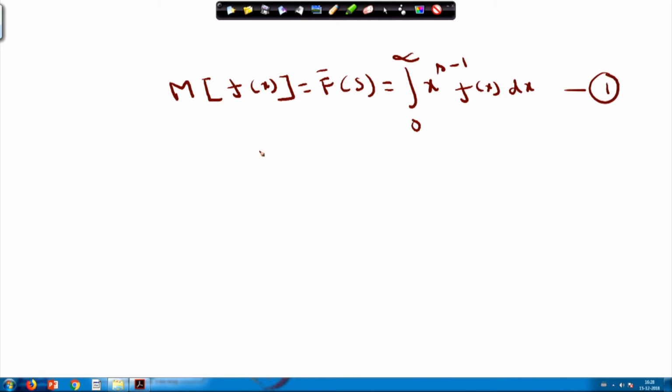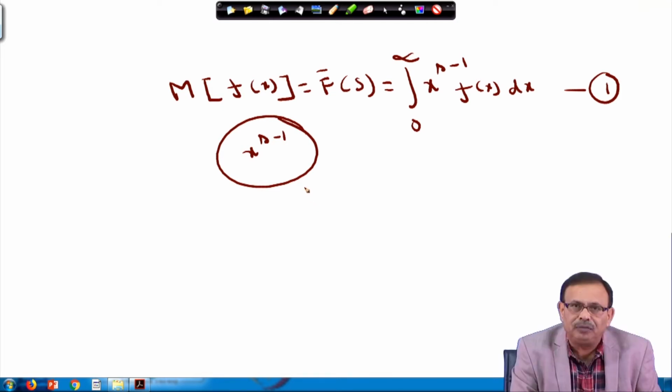As I told you, the kernel here is x to the power s minus 1. For the Laplace transform it was different, for the Fourier transform it was different, for Fourier sine and cosine also it was different. Whenever I change the kernel, I get various kinds of transforms. Please note that here s is a complex number.